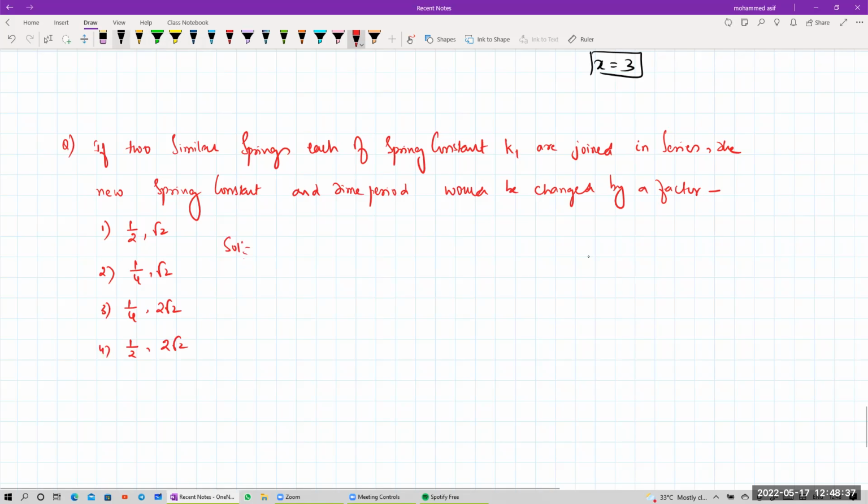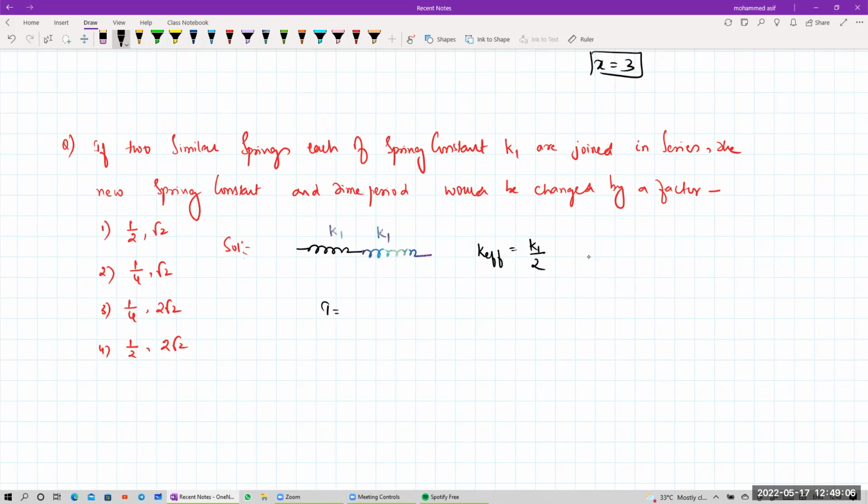If two similar springs, each of spring constant K1, and this is a spring and this one is one more spring. Both of them are K1 and K1. So K effective will become how much when they are in series combination? K1 divided by 2.